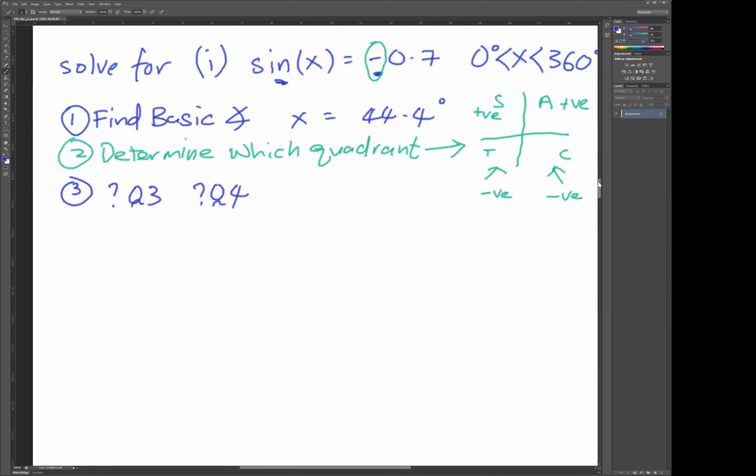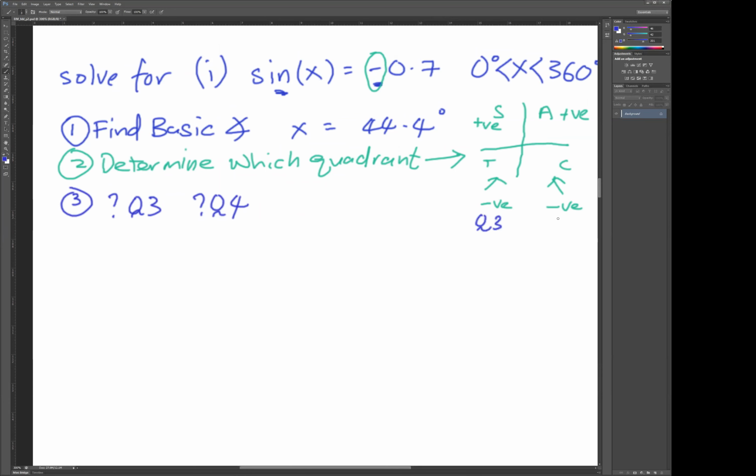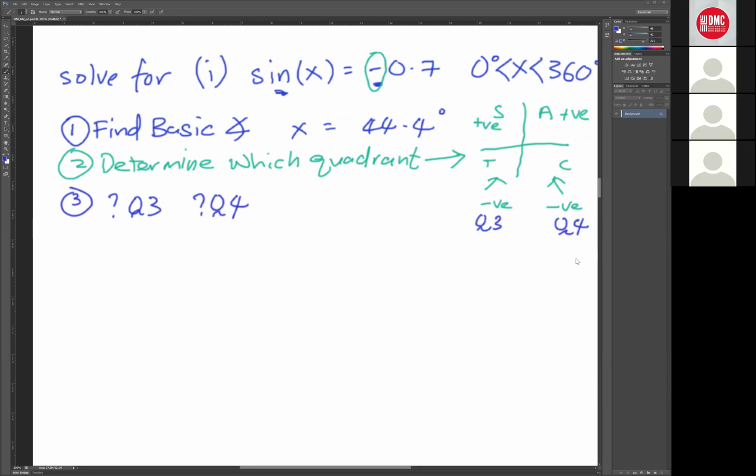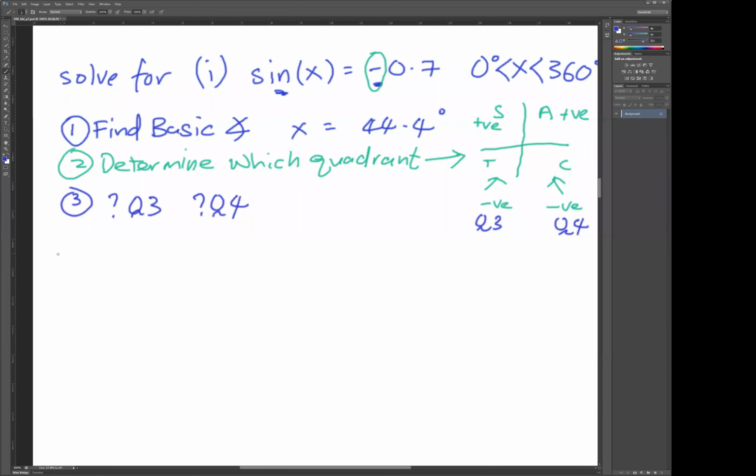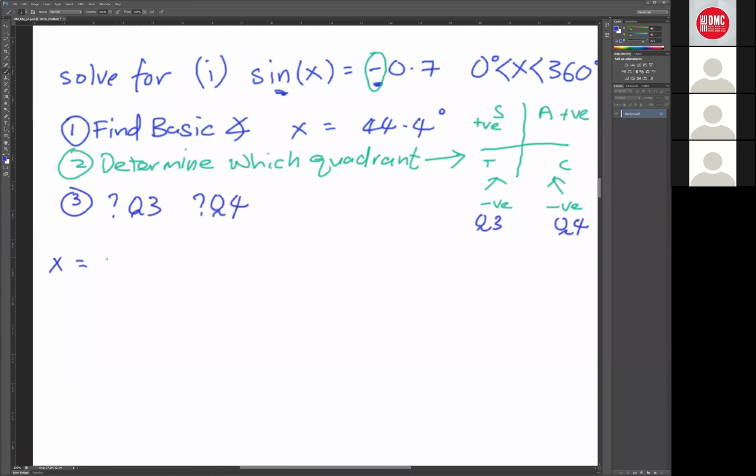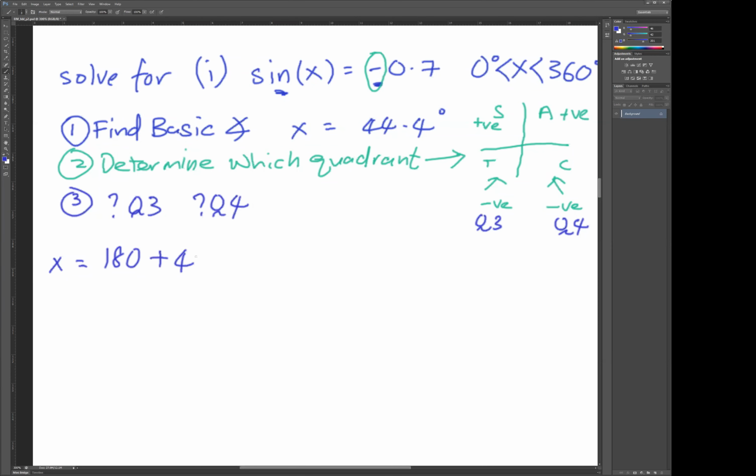So we're going to find x in quadrant 3, and that will be 180 plus 44.4, and that will give us 224.4.